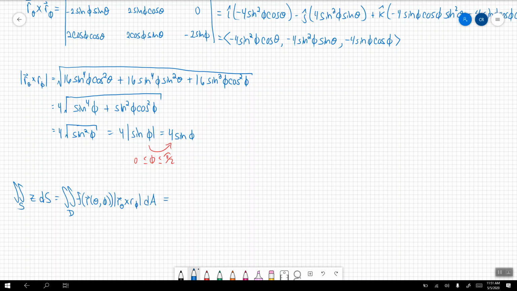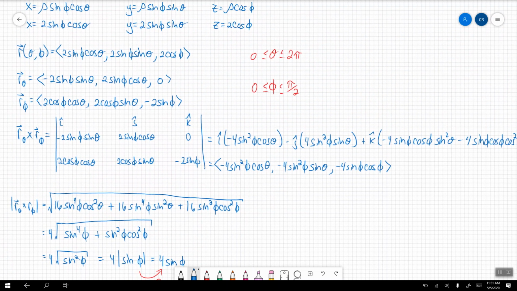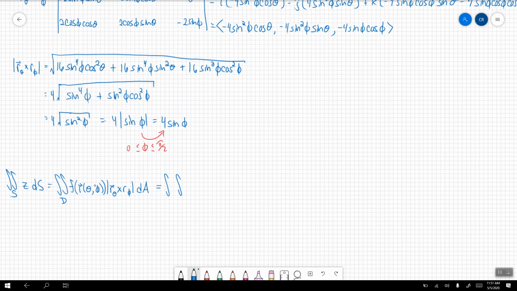Now, how does this all look then? Well, my function z, what was the z value that I chose to parametrize with? My z value that I chose to parametrize with was 2 cosine phi. So that's what I'm using. So double integral, now my function in terms of the parametrization is 2 cosine phi.